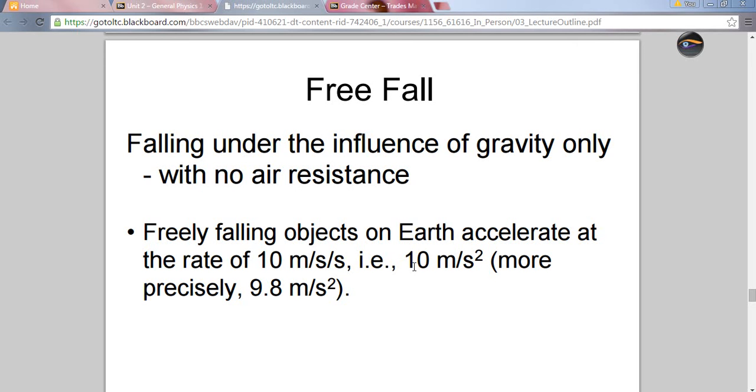When more precise values need to be obtained, the actual rate of gravity is 9.8 meters per second squared. So I don't want anyone to think that when we use 10 meters per second squared, we are using it so that the calculations are easier. In actuality, when we need precision, we will use 9.8 meters per second squared.